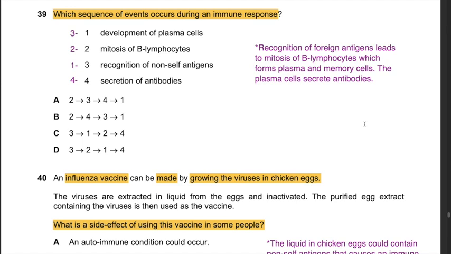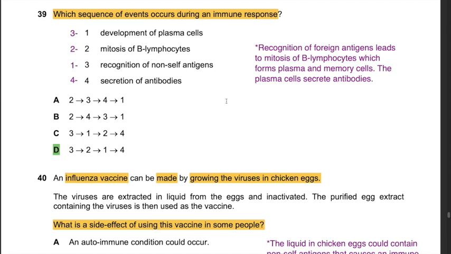So the second step would be mitosis of B lymphocytes. That means event 2 occurs next, leaving us with the only possible answer being D, because C talks about event 1 following event 3. However, event 1 does not follow event 3. It should be event 2 which follows event 3. So the answer over here is D.